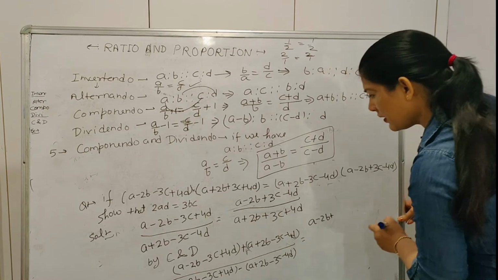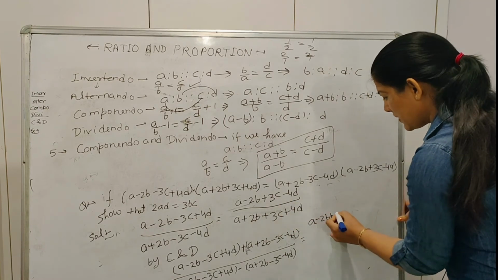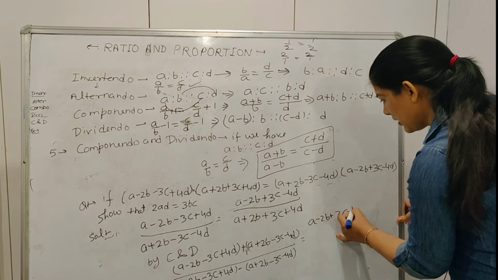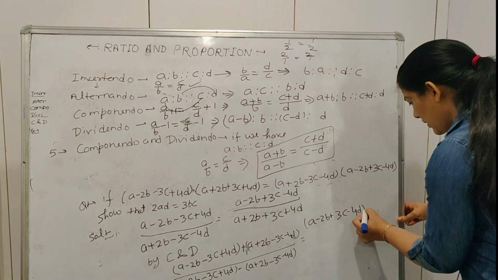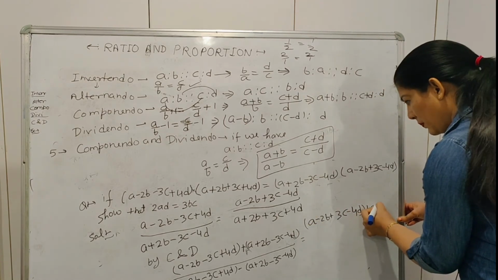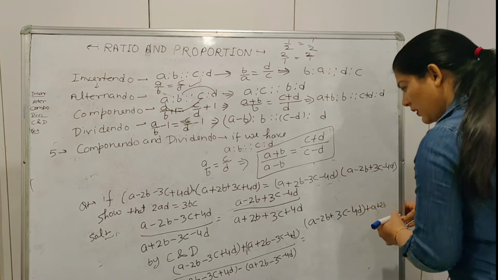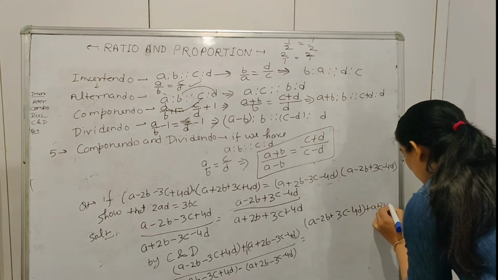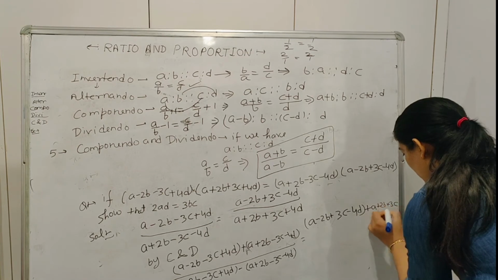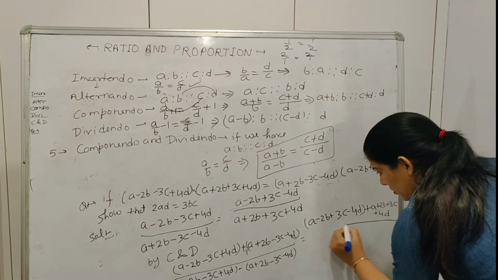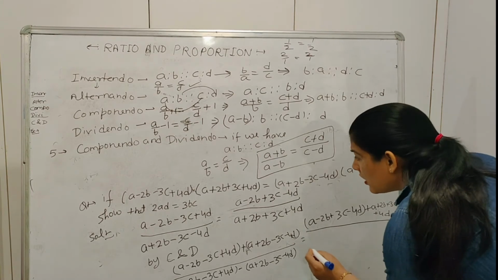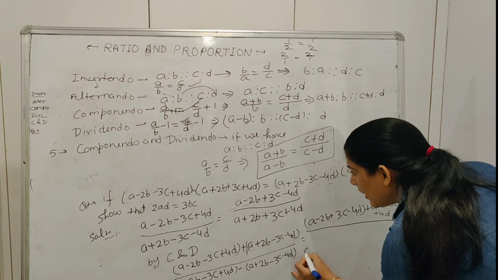Okay, a minus 2b plus 3c minus 4d plus a plus 2b plus 3c plus 4d, because I don't have much space here.